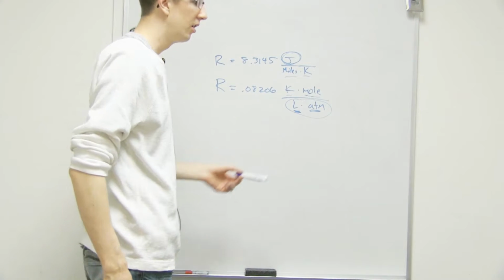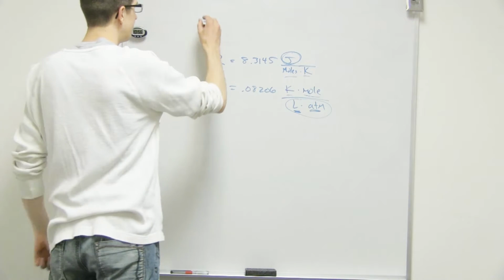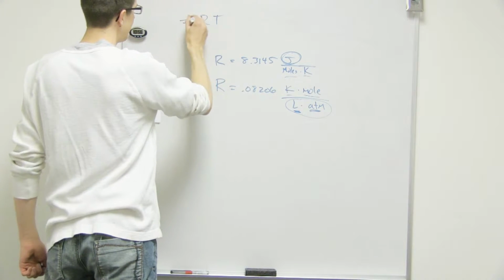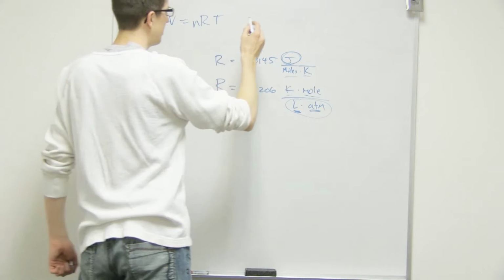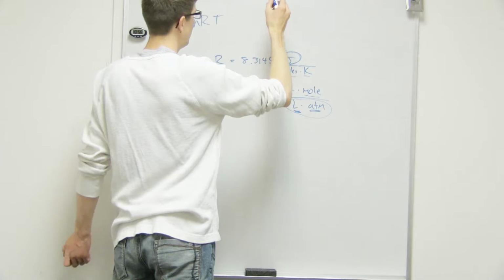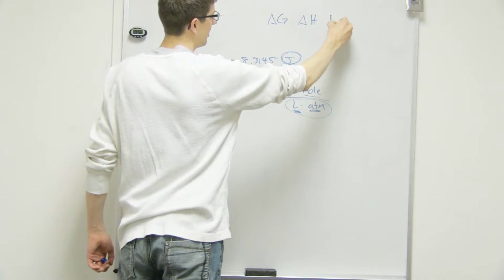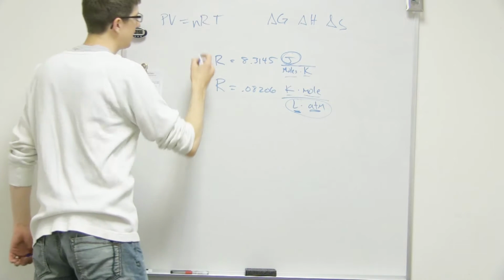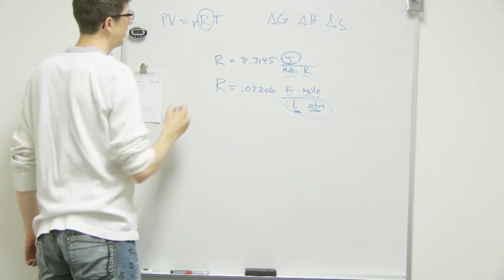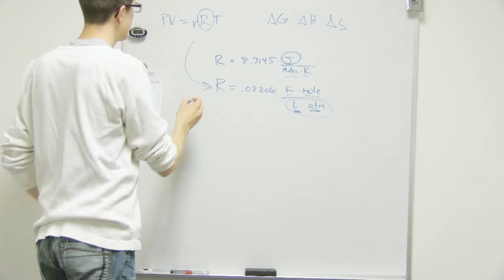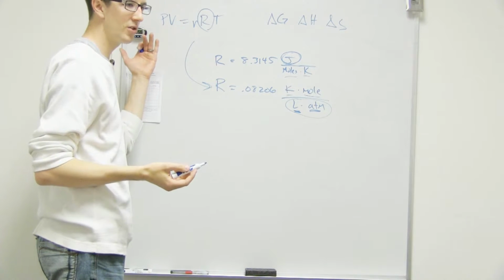So if you remember PV equals nRT, and also delta G's, delta H's, delta S's, this R here would be this one because this is the universal gas law.